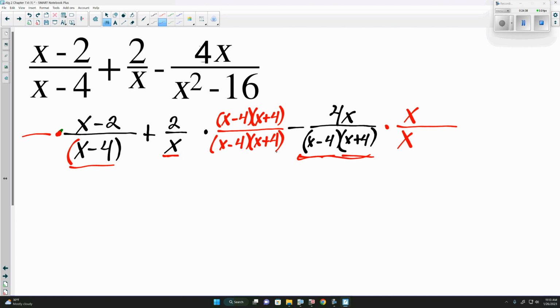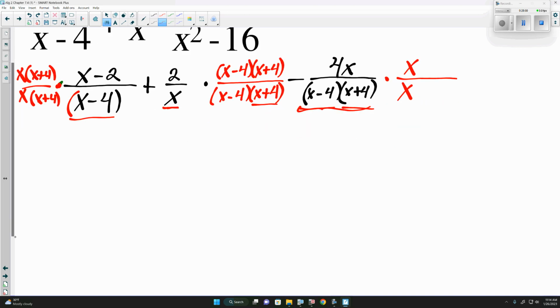And lastly, now this first one here has an x minus 4, so that's covered. It also needs an x plus 4 and an x.